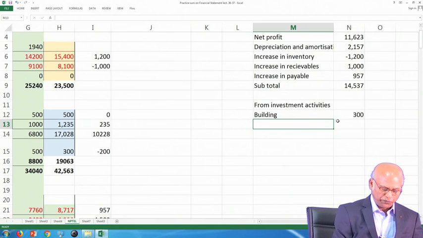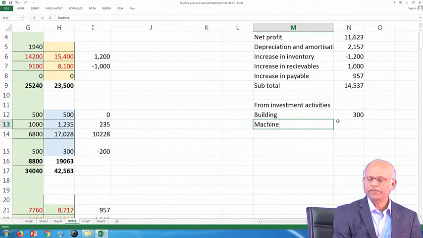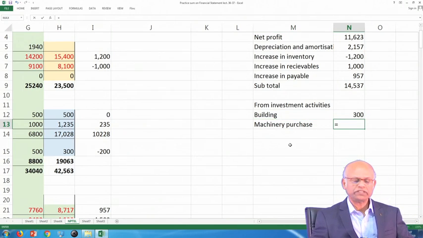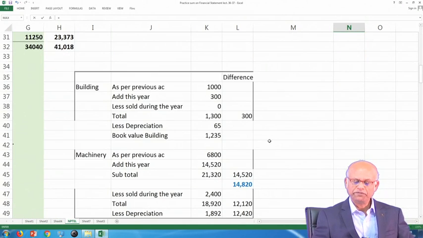Cash flow for machinery purchase, not sale, is equal to this. We are going to show sales separately, so that the information is meaningful. Total is 14,520. Total means the difference between previous year's closing balance and this year's total. So, this is 14,520.